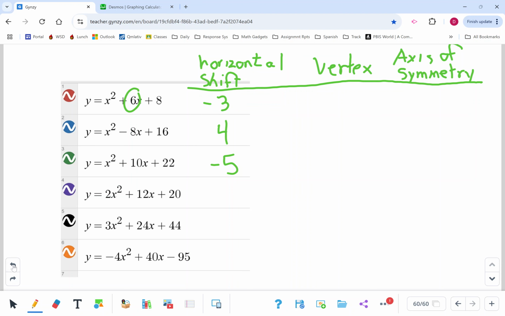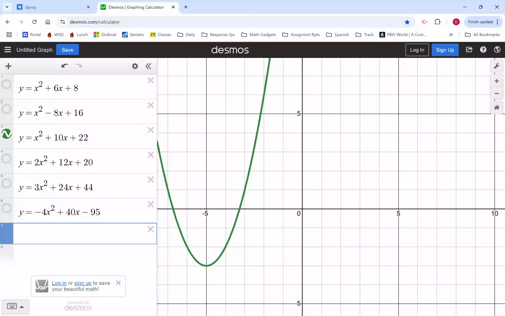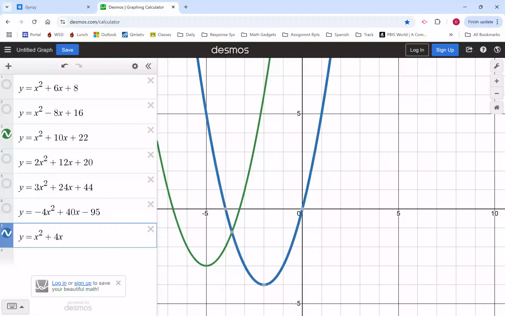And if we were to go find another equation, let's say if I go graph another one down here, and we make it, let's say, y equals x squared plus 4x. Yeah, it looks like it got shifted 2 to the left.